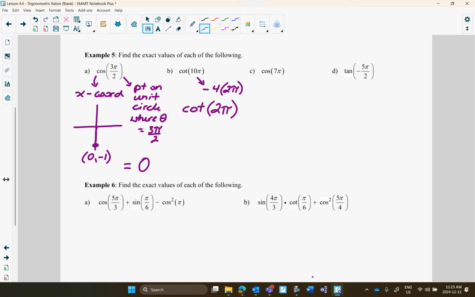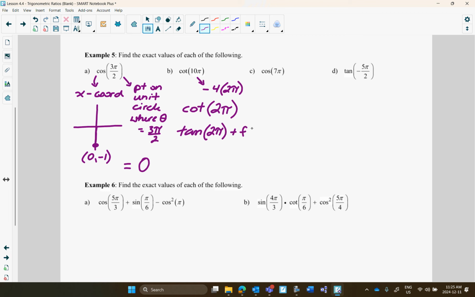So now we're at the cotangent of 2 pi. Well, we don't know how to find cotangent, but we do know how to find tangents. So why don't we just find the tangents?